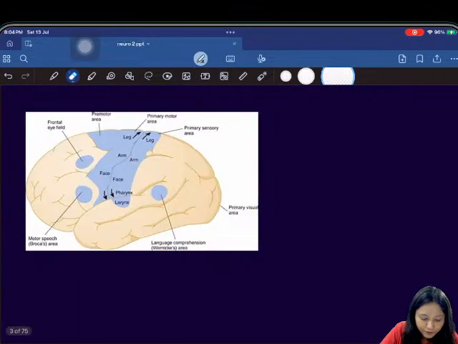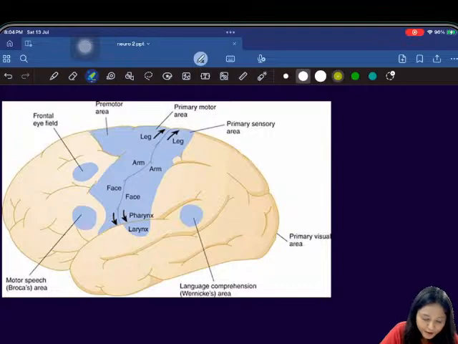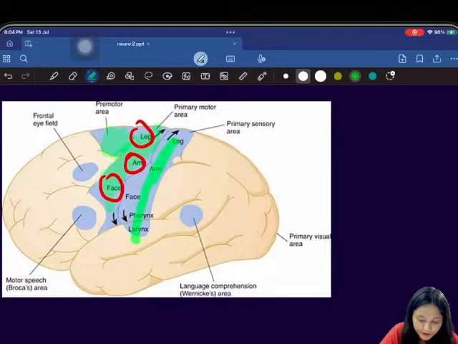As I told you just now, the anterior part is your motor part, the primary motor area. This is the way it is arranged: leg, arm and face. We'll study about the homunculus later. In the posterior part, you can see this is the primary sensory area, the primary somatosensory area.